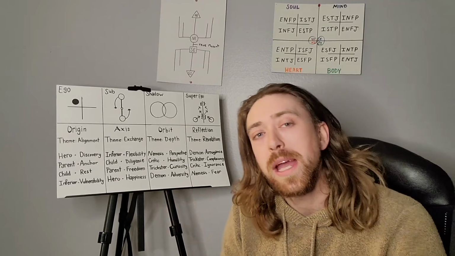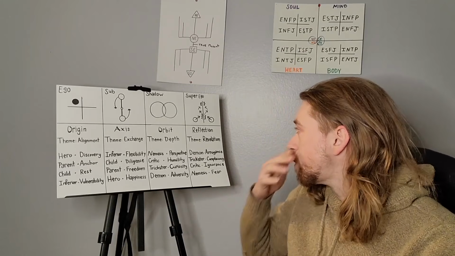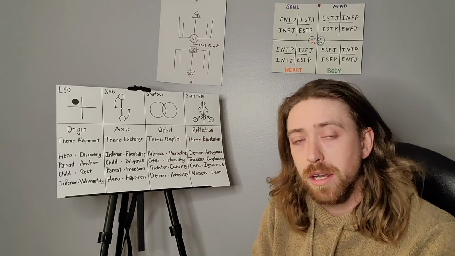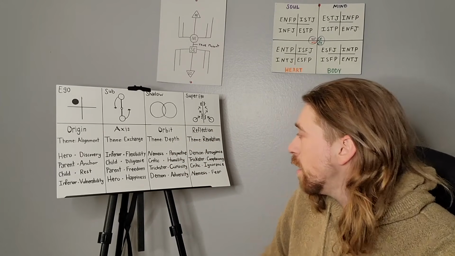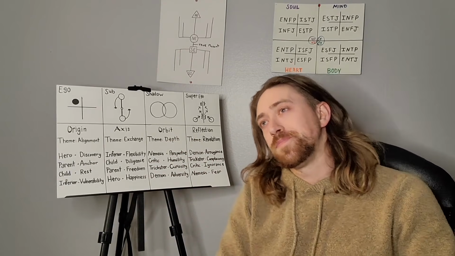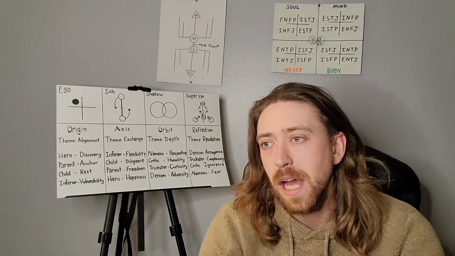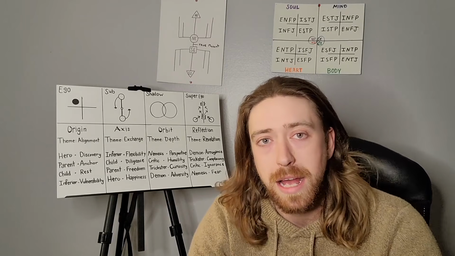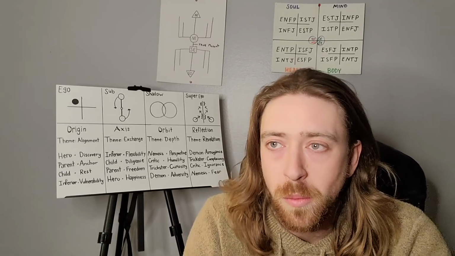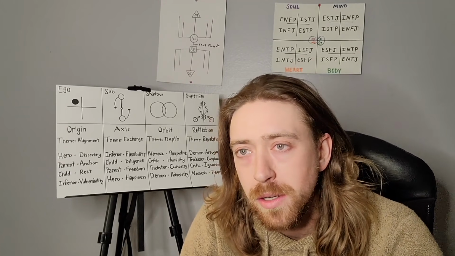Next up, we have the shadow, which is representative of cognitive orbit. The theme here is depth. The shadow is part of the other half of the mind. It's the lower functions. It's the 4 functions that we don't have incorporated into our ego.